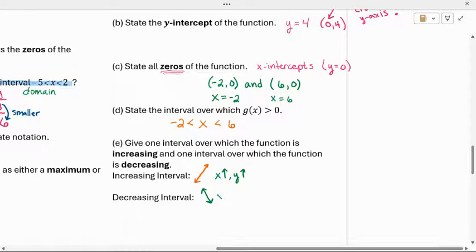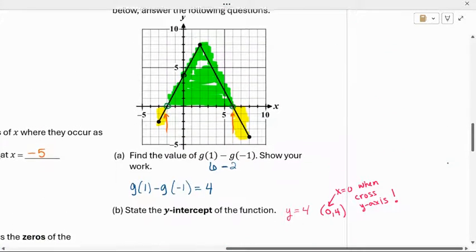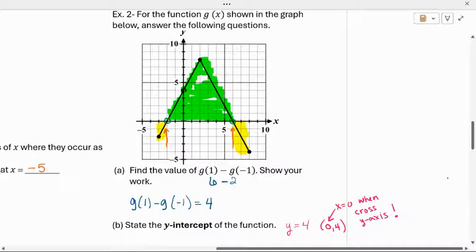Decreasing, as x gets bigger, y gets smaller. Let's see if we can find a place on our graph where our line slants upwards. Remember that we're always talking about x getting bigger, so we read a graph from left to right, just like a book.